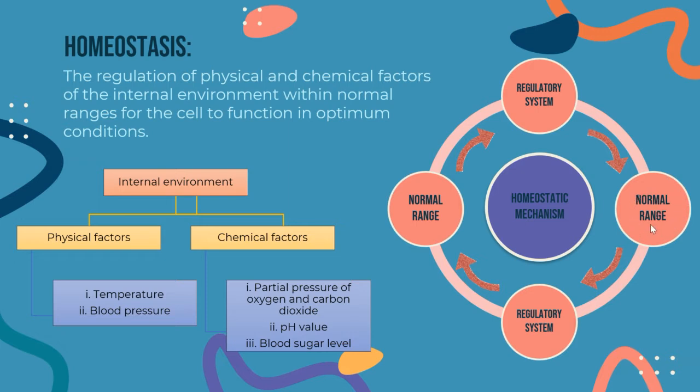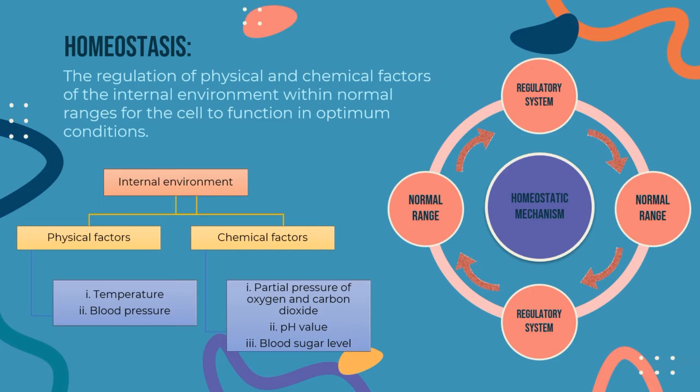Okay, so if the blood sugar level decreases, what happened? There is also a regulatory system that will increase the blood sugar level back to the normal range. Okay, so all of this regulatory process we call homeostasis. Okay, what is homeostasis?